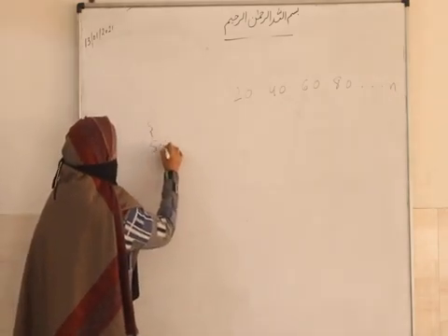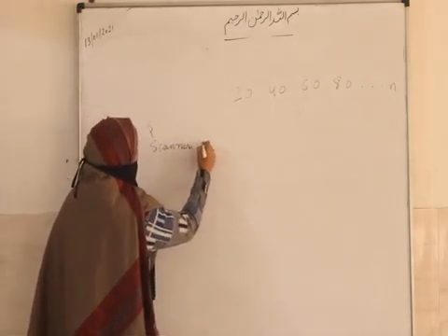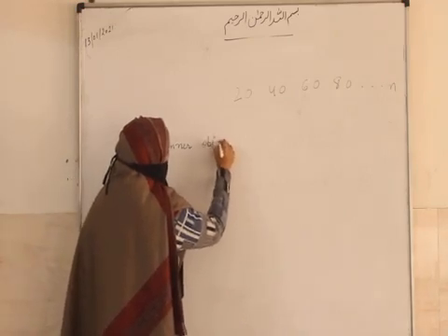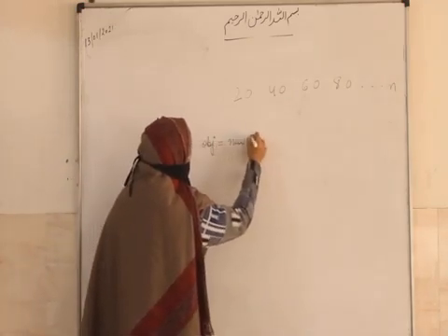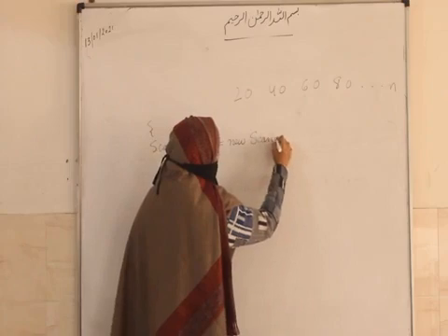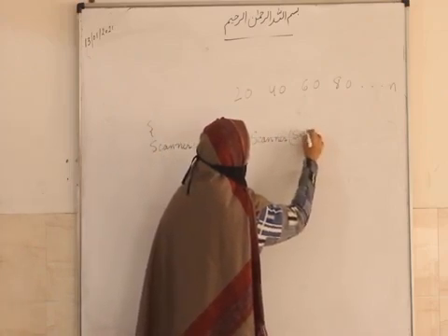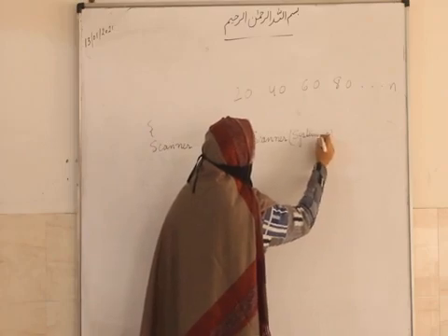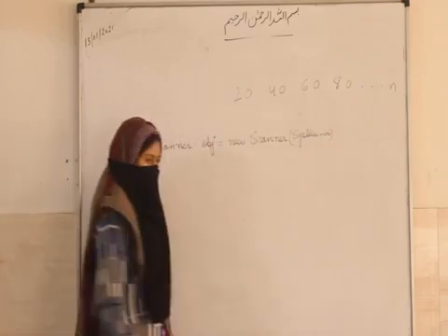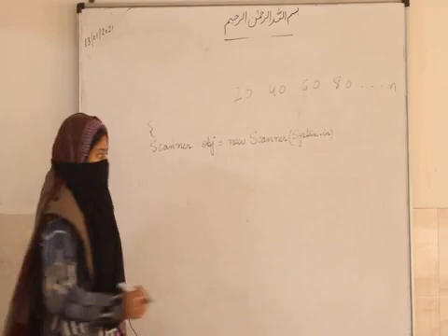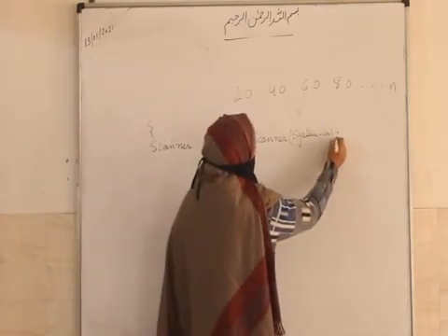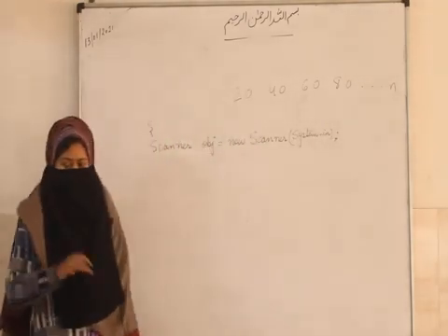So first we will write a Scanner, because we are going to use the Scanner class. Scanner obj equal to new Scanner, System.in. Okay. And after that we will take the value of n from the user.